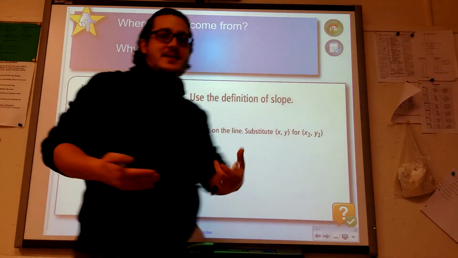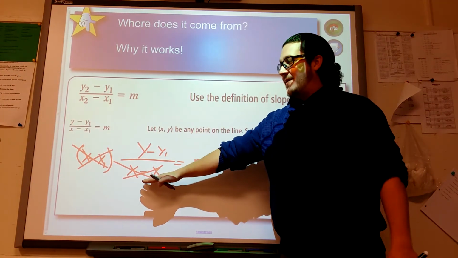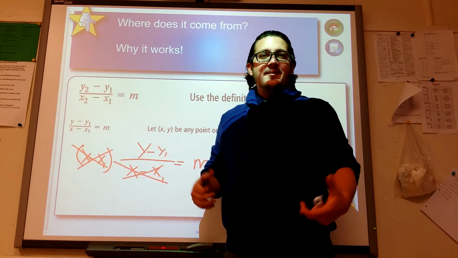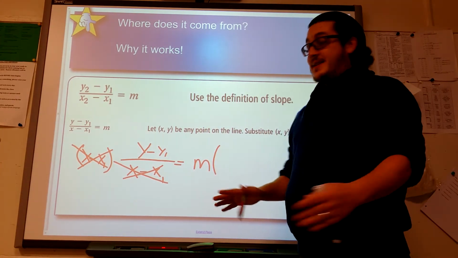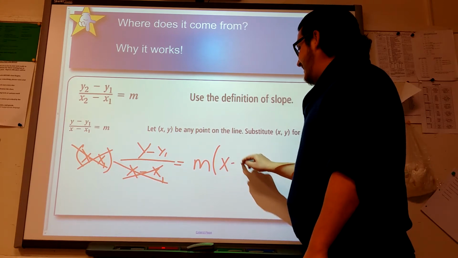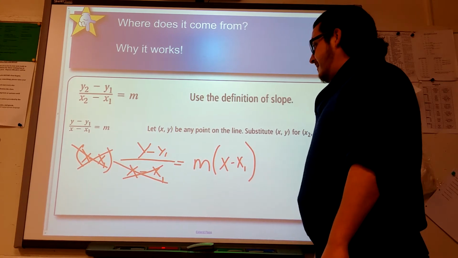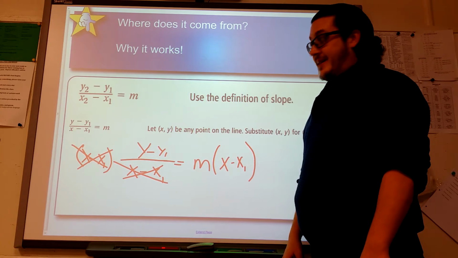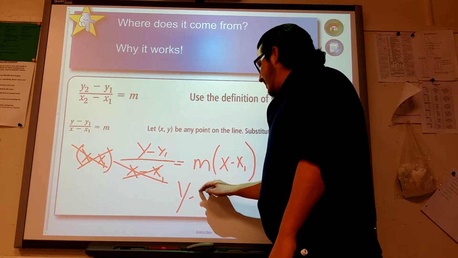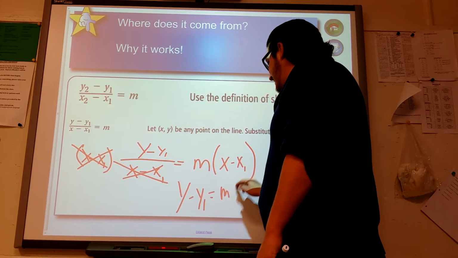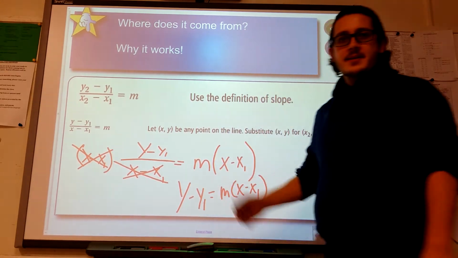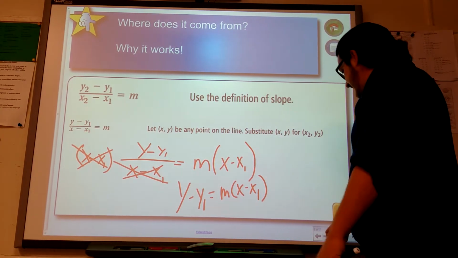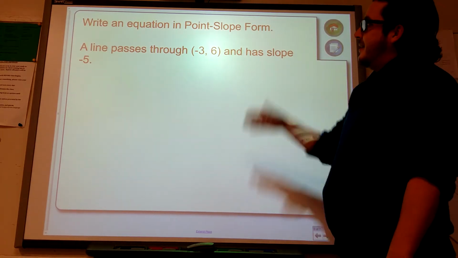Because you're multiplying by something that's being divided, you multiply by the multiple and they cancel each other out. But whatever you do to one side, you have to do to the other. So this is x minus x1 here. Looks like we're right there. So y minus y1 equals m times x minus x1. Amazing! It pops in just like that. Great, right? Awesome. Let's move on to our next example.